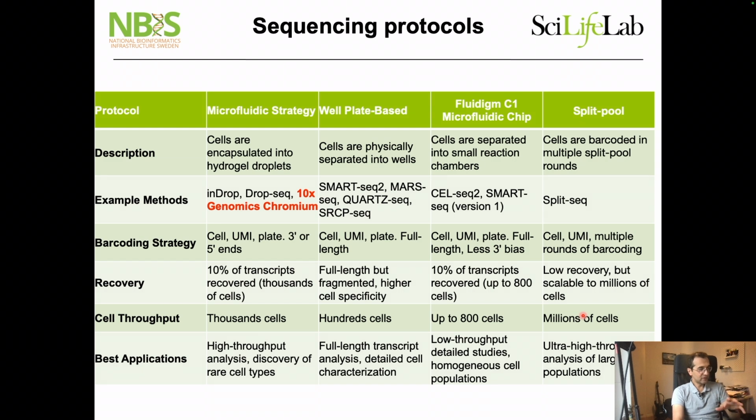The split pool, if I can say only one thing about the split pool, is that you do not need a lot of hardware compared to the other technologies. It makes it a bit cheaper. And I have mostly worked with 10x Genomics Chromium data, and today the dataset that you're going to work with is coming from this technology.